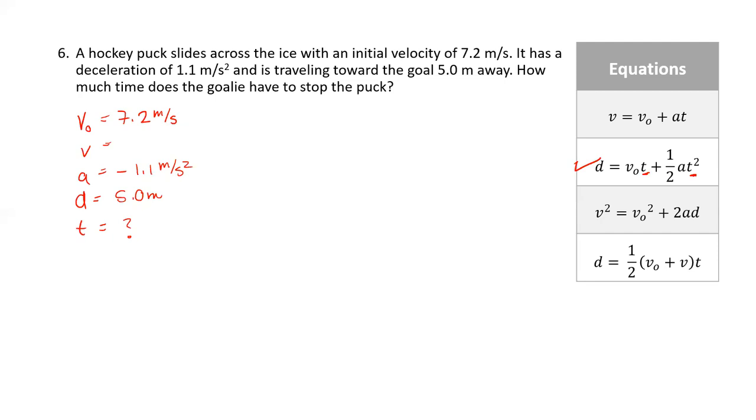If we knew how fast it was going when it hit the net, we could figure out how long it takes. Can you find, just using this information, can you find v first? And then we'll find t.